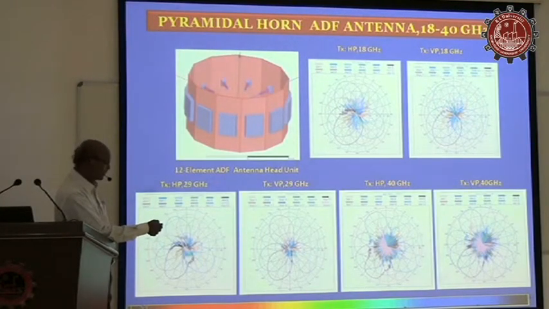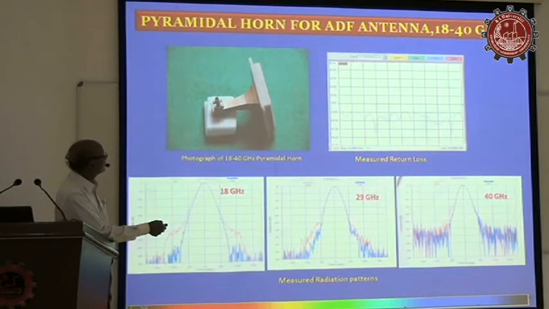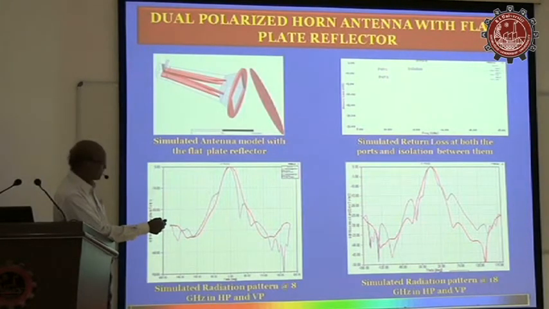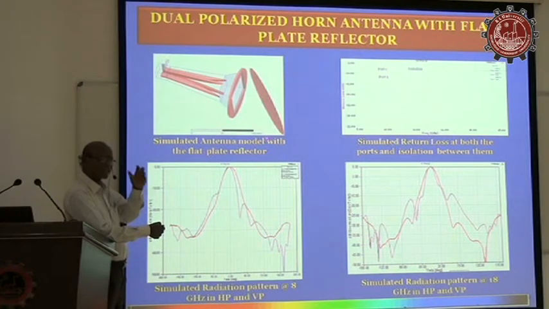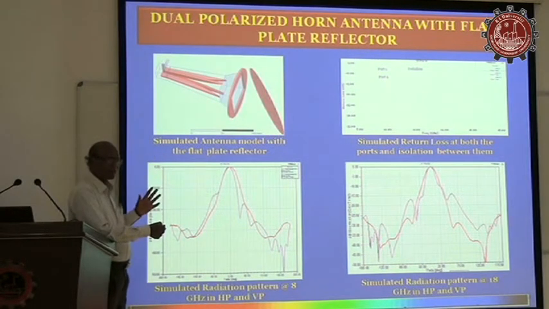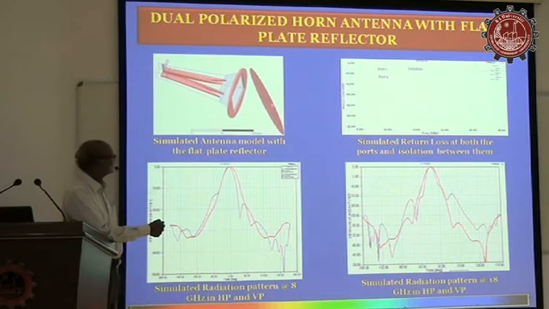This is again a 12 element ADF, measured patterns. This is another new development we have carried out. This antenna is used in an active outboard decoy to seduce the incoming signal away from the platform. For that, there is a dual polarization requirement of 100 watts.